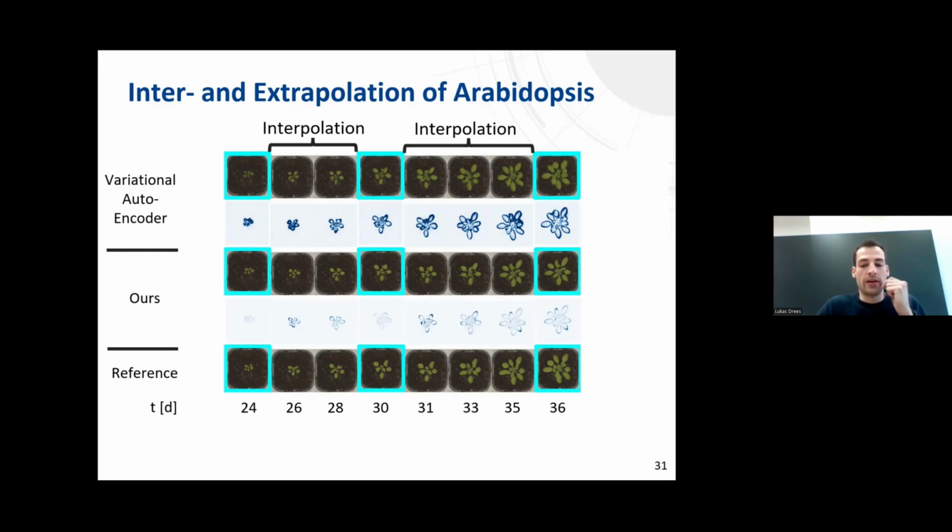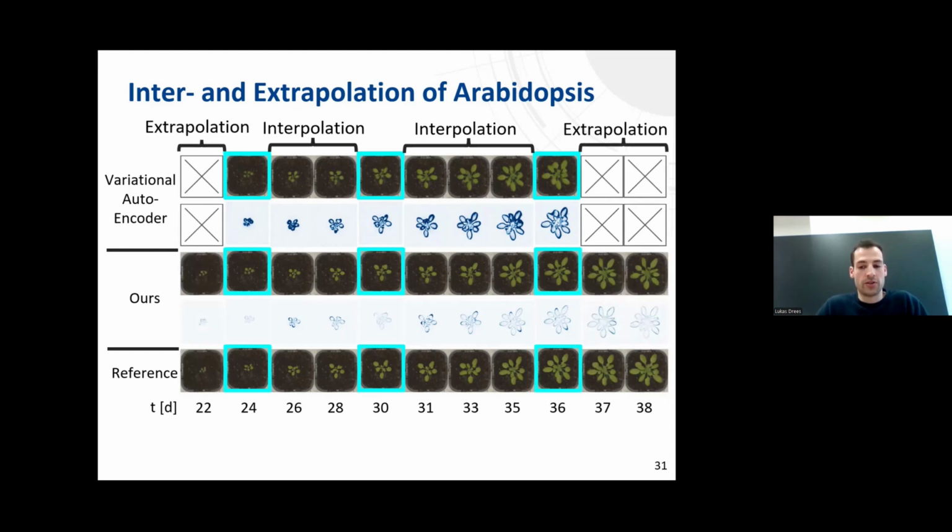But the key difference is really when you look at the extrapolations, and these are not really intuitively doable with classic autoencoders, but our models still produce very reliable results here. So the plant continues growing in the future for forecasting tasks, and is smaller when you extrapolate into the past.